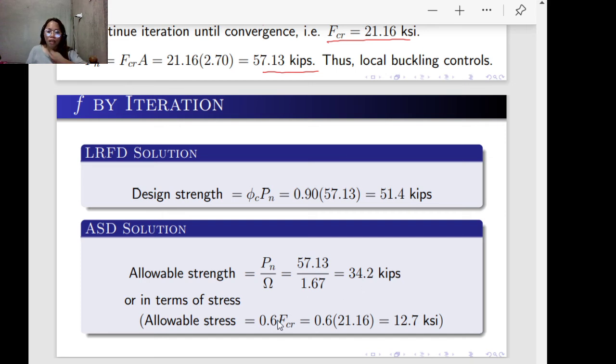In terms of stress, the allowable stress is obtained by dividing by the gross area 2.7, or using the relationship we discussed already, 0.6 FCR. The answer is 12.7 ksi.